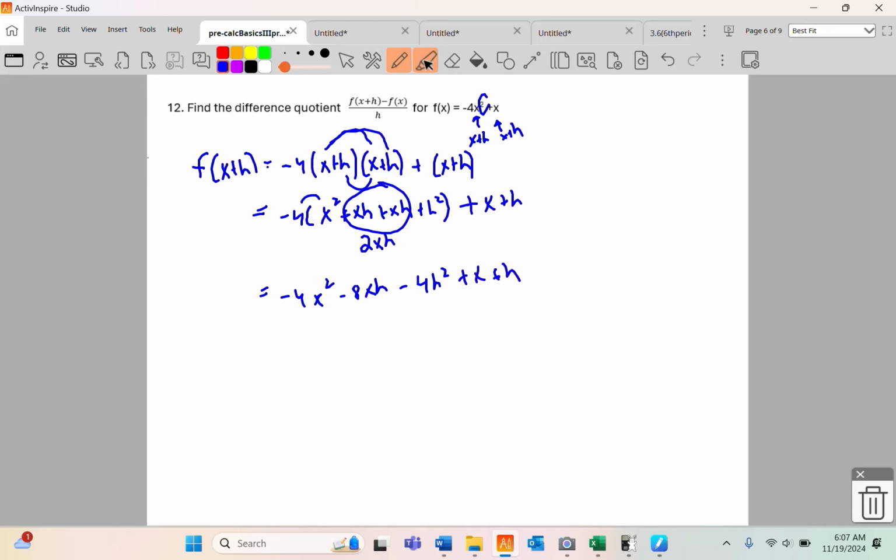Now, at this point in time, I'm going to insert the rest of this. So I'm going to insert that h. I'm supposed to take away the original function, wrap before you subtract. And whatever you put in this set of parentheses, this should cancel.